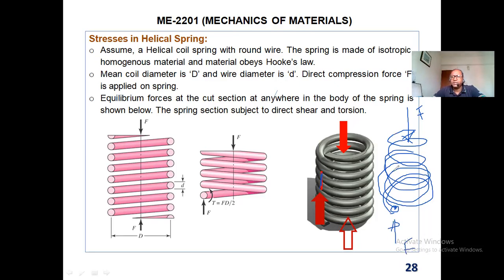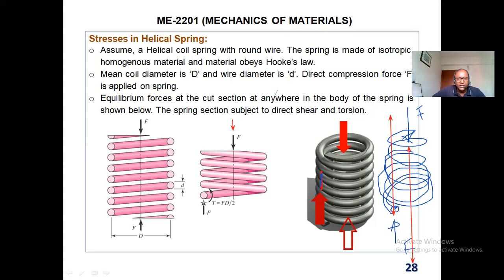Now you look carefully, this is not balanced because this F is working directly downward, right? And this F is working upward. What does it mean? So there will be a moment, right? If I write over here this thing that I am showing on the left side, that vertical force is working downward, F, downward force.